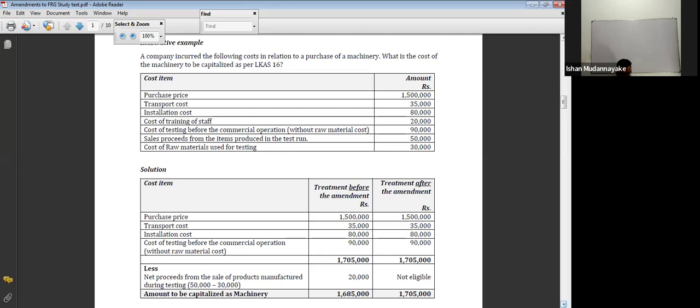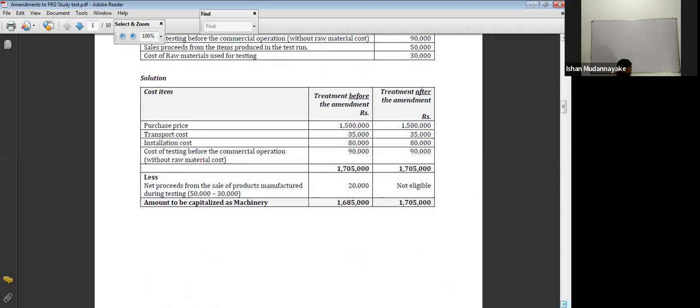Okay, net cost removed. Clear. Testing cost deduct.